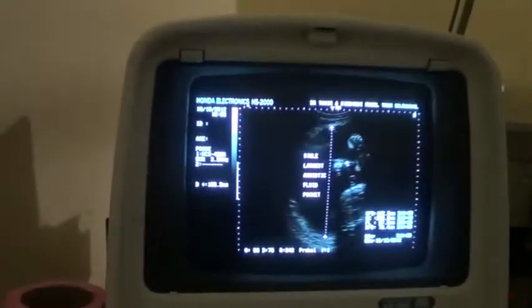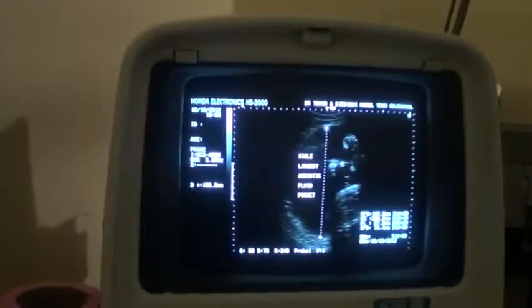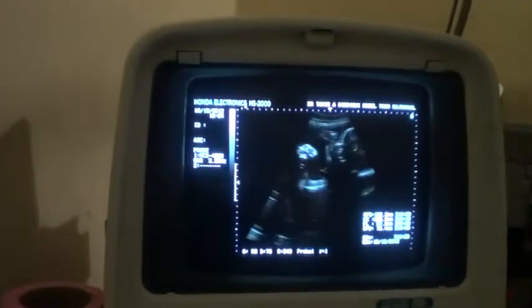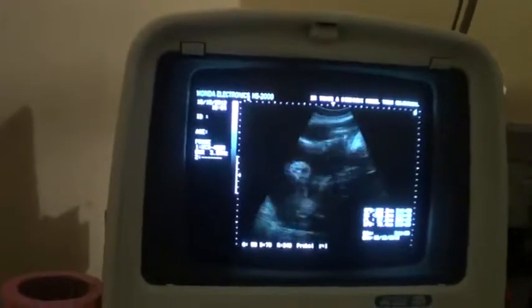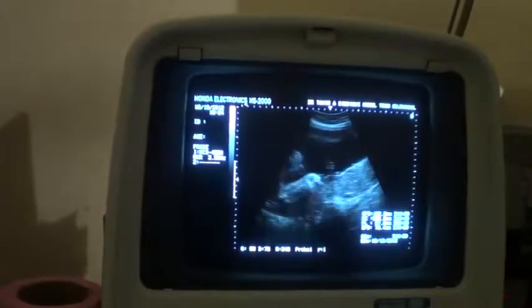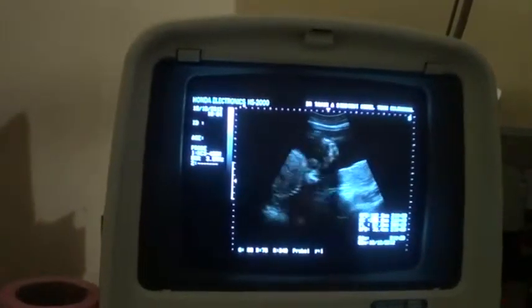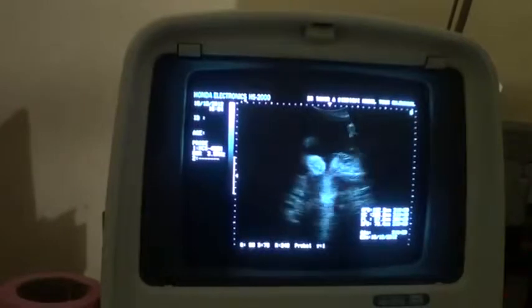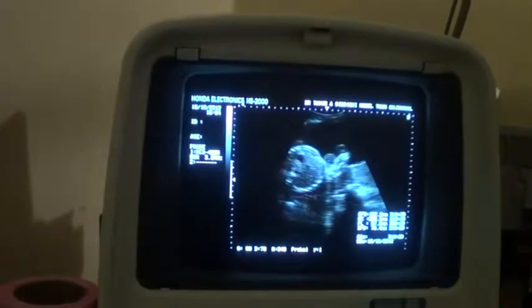So the first finding we have seen is that the placenta is posterior wall and marginal. Second, we have seen that the patient has hydramnios, polyhydramnios.